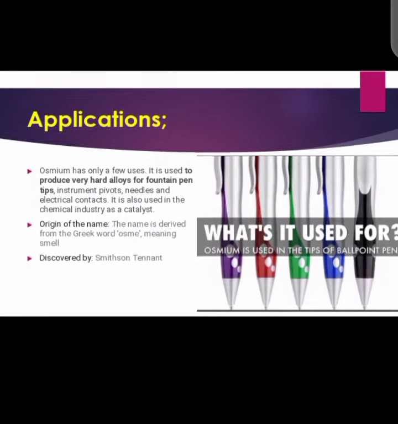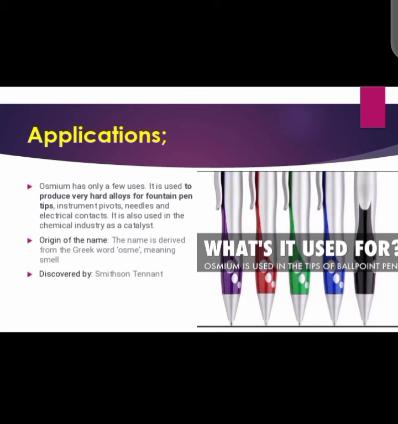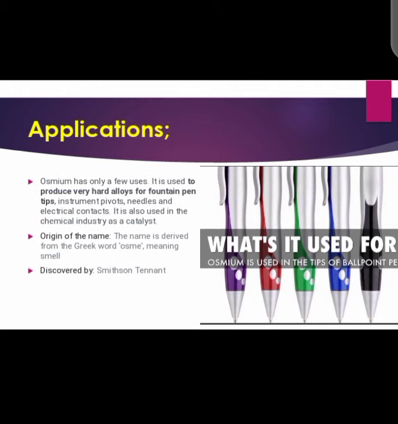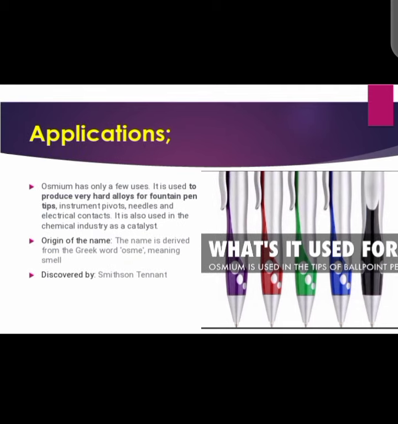If we talk about its applications, it has quite few applications. Osmium has only a few uses. It is used to produce very hard alloys for fountain pen tips, instrument pivots, needles, and electrical contacts. It is also used in the chemical industry as a catalyst.